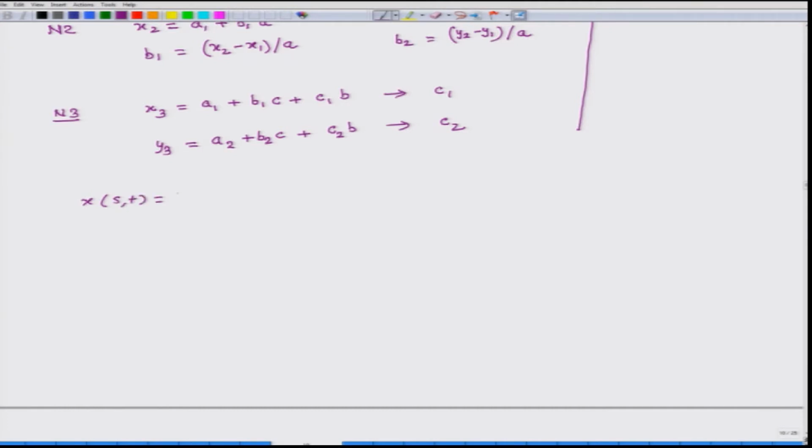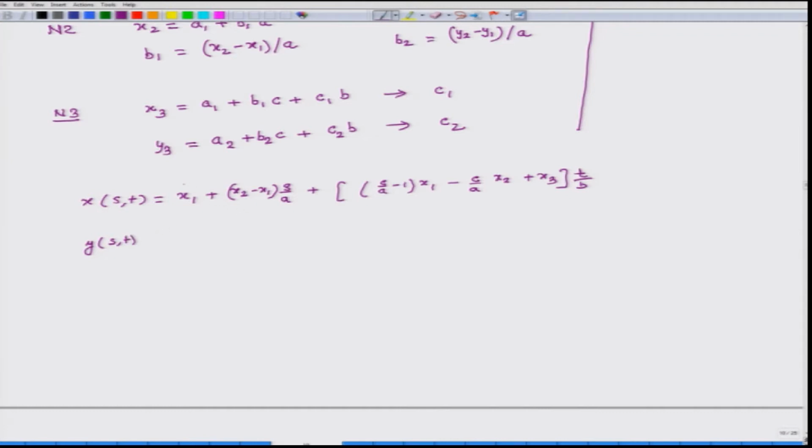It could be written as x1 plus x2 minus x1 times s divided by a plus c over a minus 1 x1 minus c over a x2 plus x3 times t divided by b, and expression for y.